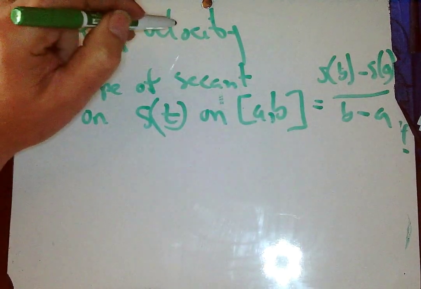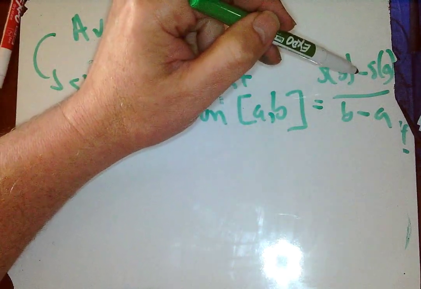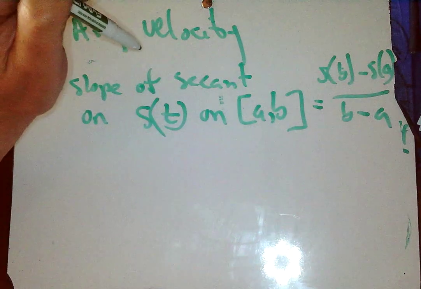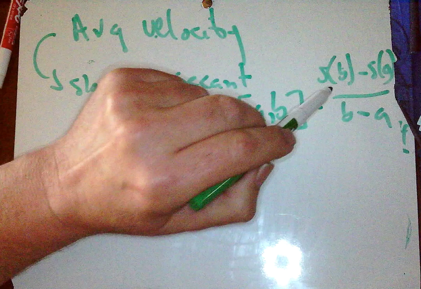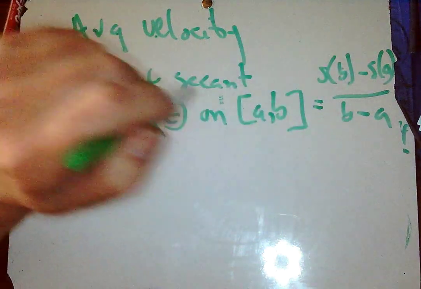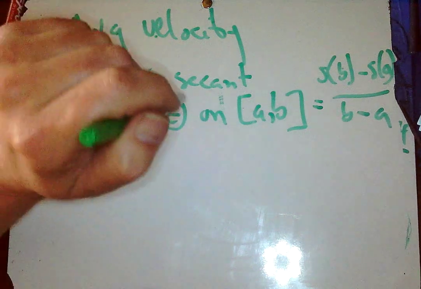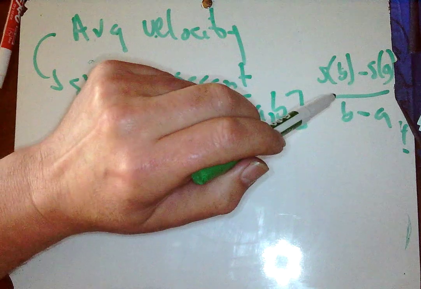Notice average velocity involves us using the position function. And that was very confusing for a lot of people last semester. I was looking for average velocity, but you've got me using position. And the reason was because we know that velocity is the average rate of change in position with respect to time, and we know rate of change is slope.